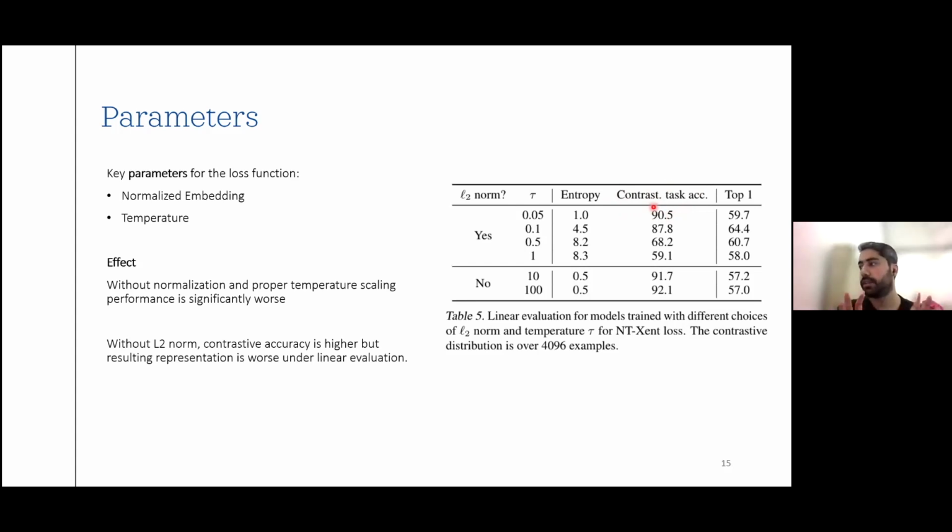If we have two images which are separated apart, it would still separate them, but if we use it for a downstream application, for example image recognition or object detection, the accuracy would be different. That is top one: the accuracy after training the network with some labels. If we use L2 normalization and then change the temperature parameter, we get different accuracy levels, which you can see.